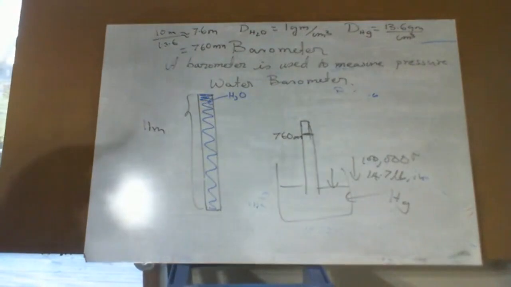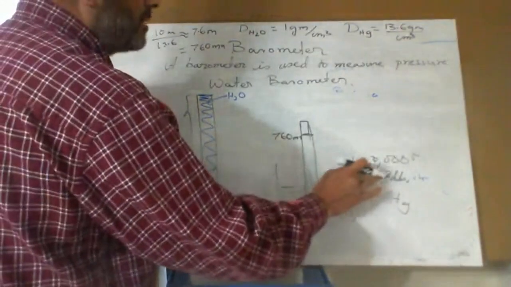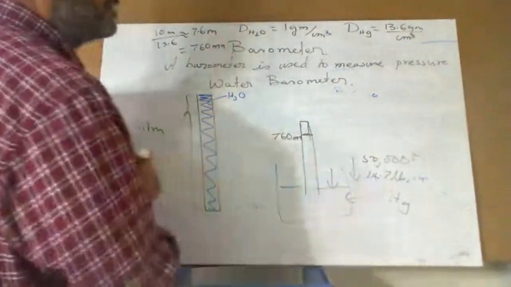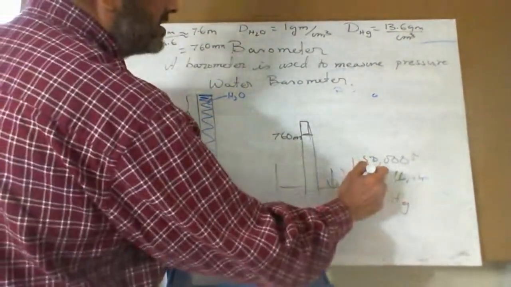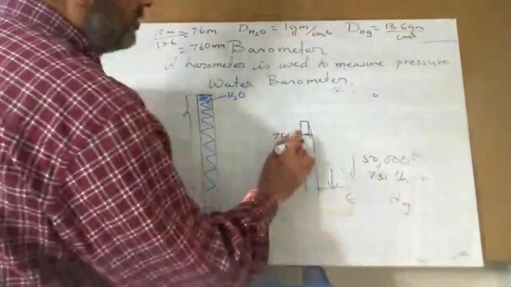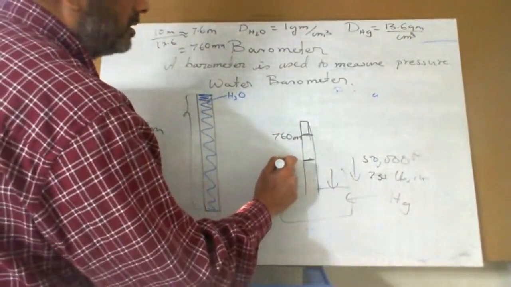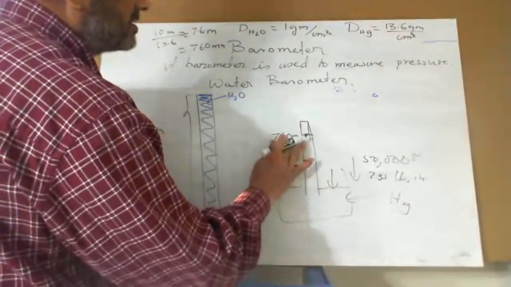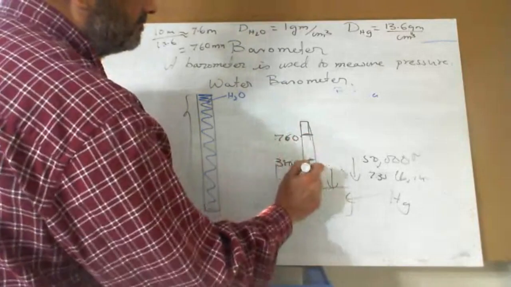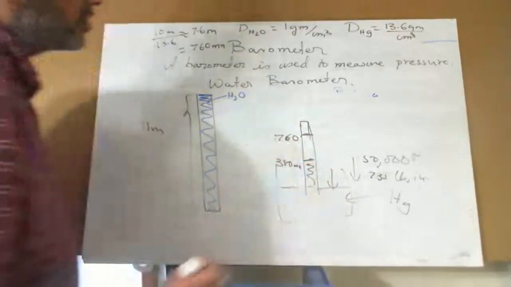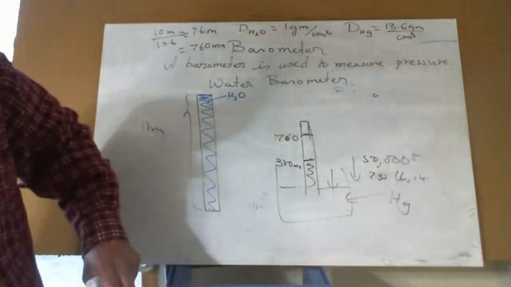Okay. What happens when you go up a mountain and the pressure outside drops to 50,000 pascals, or half of 14.7, 7.35? What will happen? The level of mercury will go to 380 millimeters. Okay, it'll drop. So by noting the level of mercury, I can tell the pressure outside.